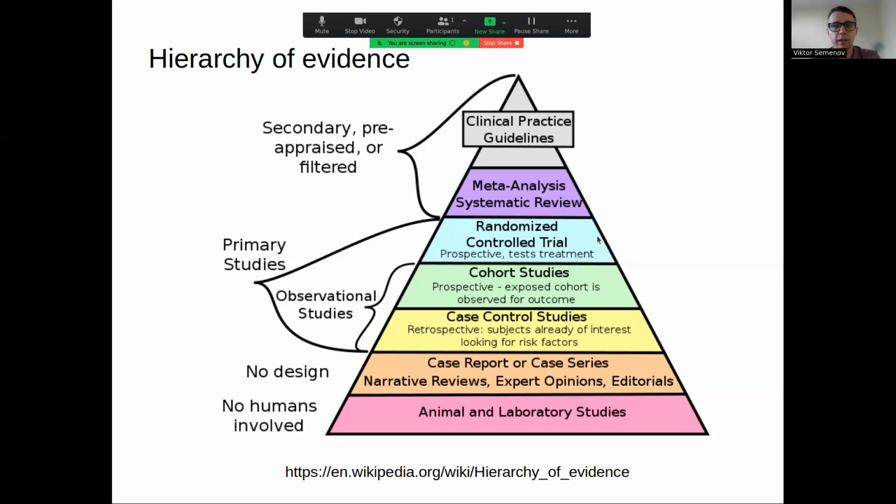By the way, I didn't say it previously, but randomized controlled trials are supposed to be, at the moment, the gold standard for proving or disproving hypotheses in biomedical studies. It doesn't mean that they are always possible or necessary. For example, in some cases, it's impossible to conduct randomized controlled trials, like in the case of vaccination.